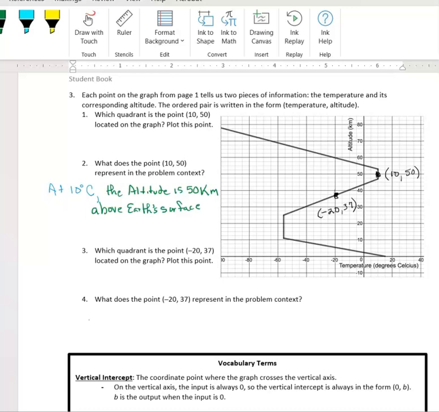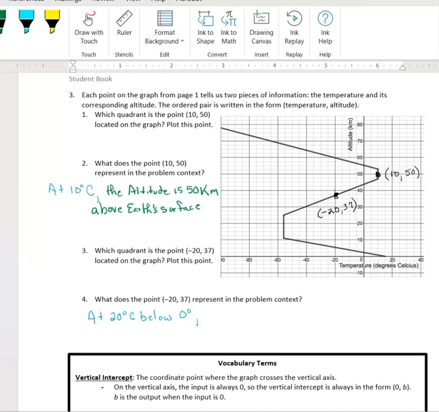Again, we're talking about temperature first. So at 20 degrees Celsius below zero. We could say up here in question 2 at 10 degrees Celsius above zero, but generally we don't say that. We definitely have to indicate that we are below zero here.